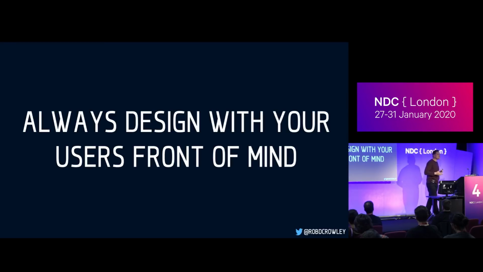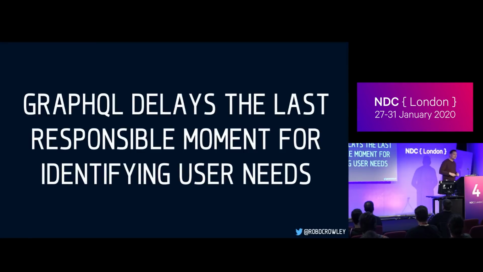And GraphQL allows you to take a slightly different approach to this. So if you were building a system and you weren't quite sure about the interaction patterns of your clients, you could actually get a little bit of a benefit with GraphQL, because GraphQL delays the responsible moment of identifying your query needs to actually profiling those queries.